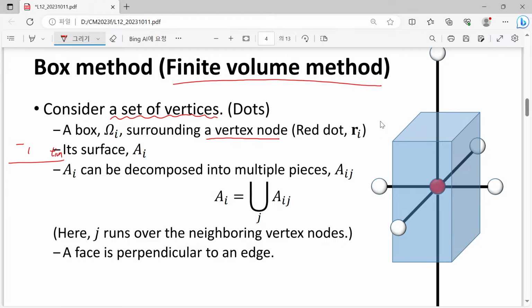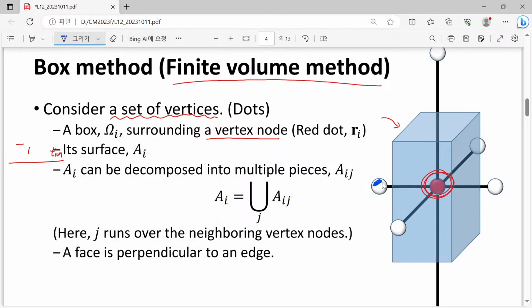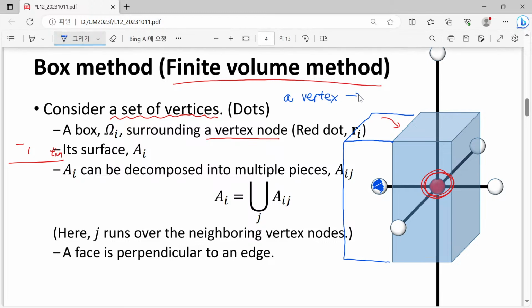For example, this box shows the box centered on this red dot. Of course, we have another one, for example the blue vertex. Then for this blue one, we can also build another box. Okay, so are you with me? Simply speaking, if you have a vertex, then each vertex can have its box.